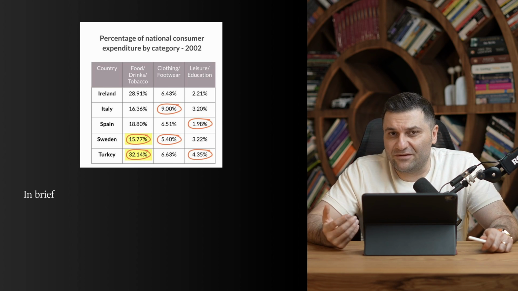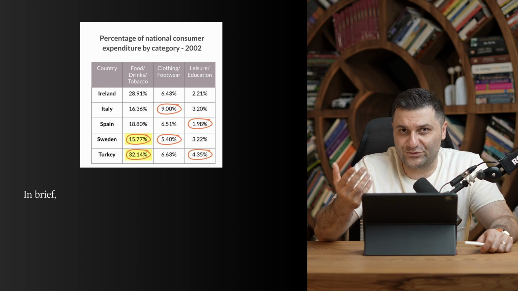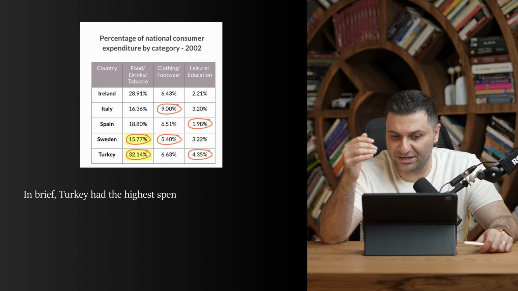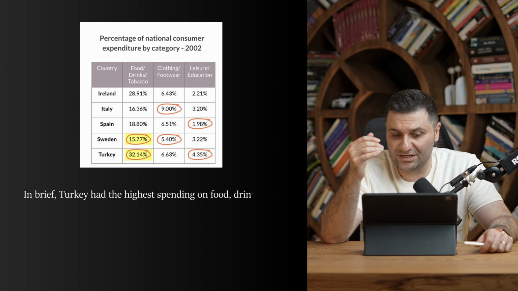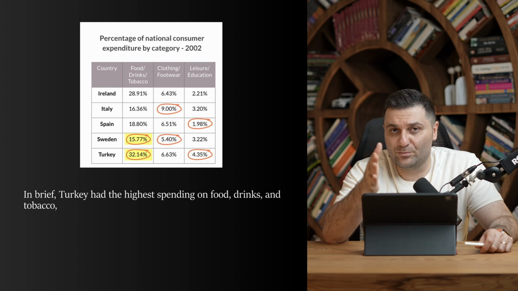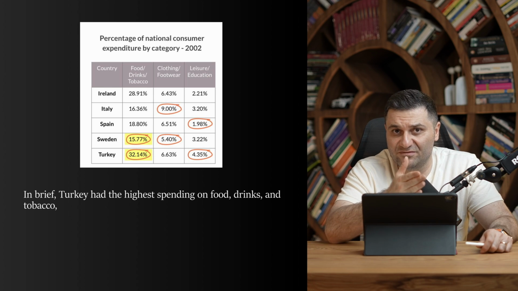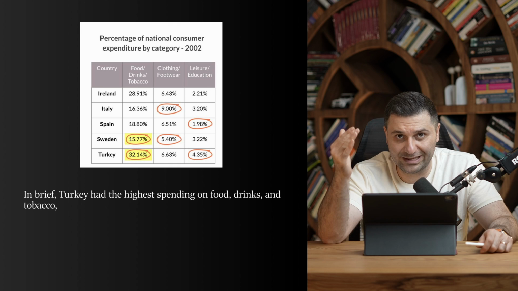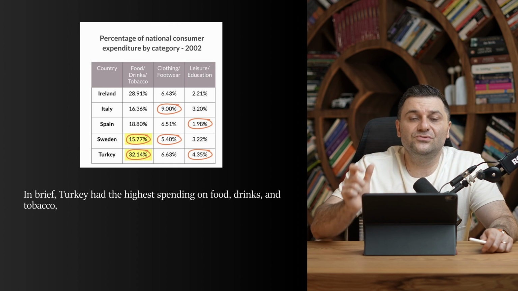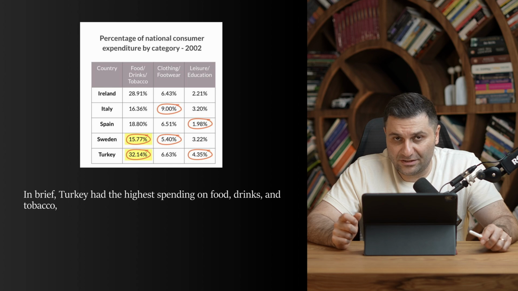So in brief, this is another phrase that you can start your overview paragraph with. In brief, Turkey had the highest spending on food, drinks, and tobacco, comma, whereas, now because you are saying something totally opposite to the previous one, so you talked about the leading and you're talking about the least leading, you use whereas here, right?